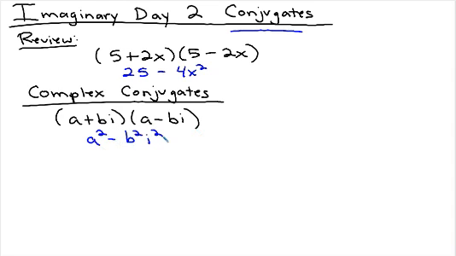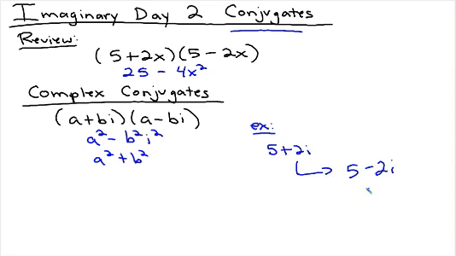And we know that i squared is negative 1. So that makes this a squared plus b squared. The i disappears, which can be handy sometimes. All right? So, for example, if I had 5 plus 2i, let's say that was my complex number, and they ask you what is the complex conjugate of 5 plus 2i, it's 5 minus 2i.